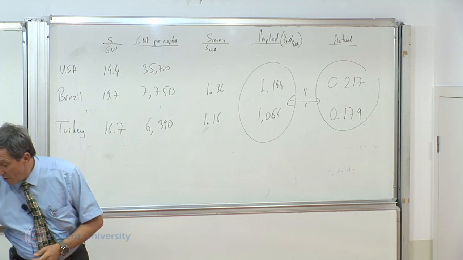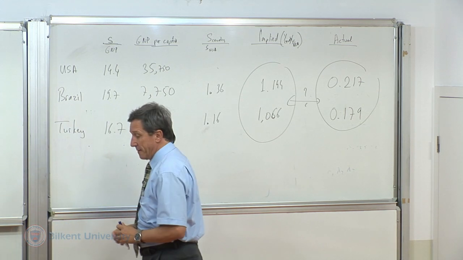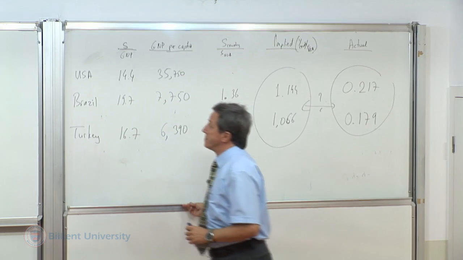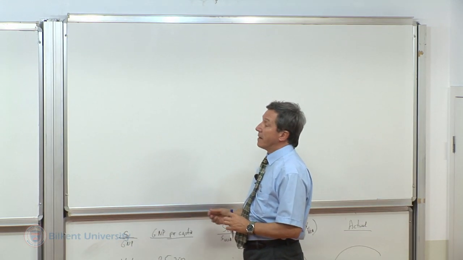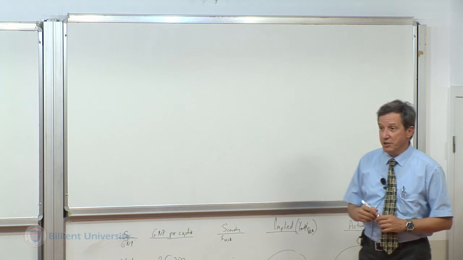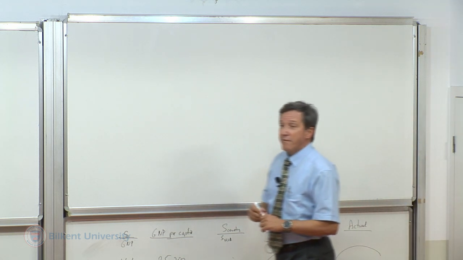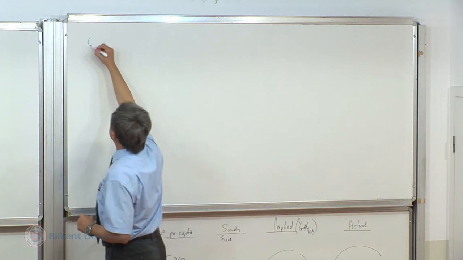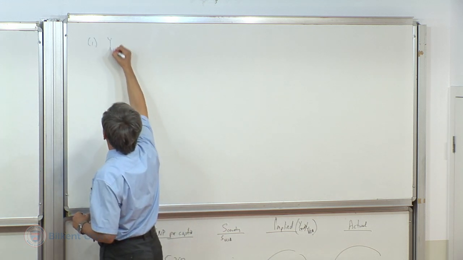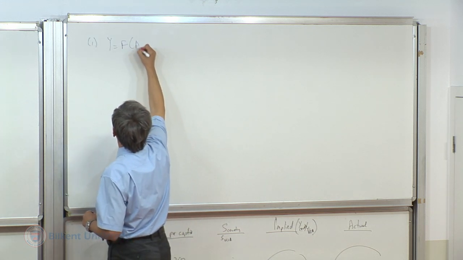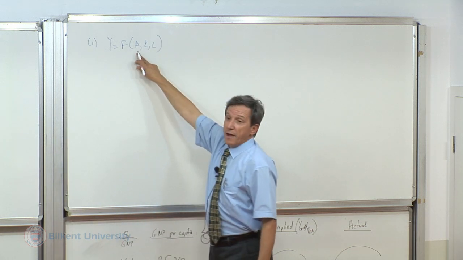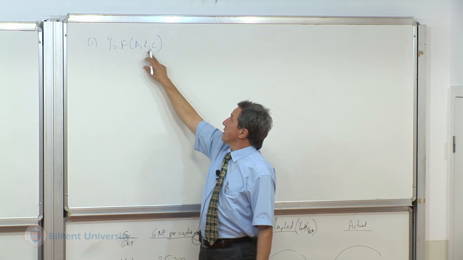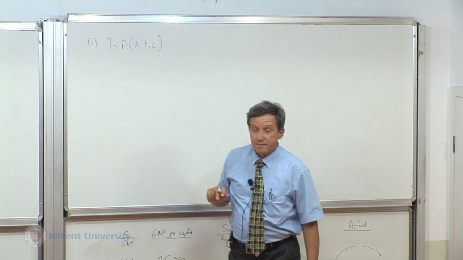Now, to be able to explain these facts under a neoclassical tradition, we have to start first with a neoclassical production function. A function of technology, capital, and labor.